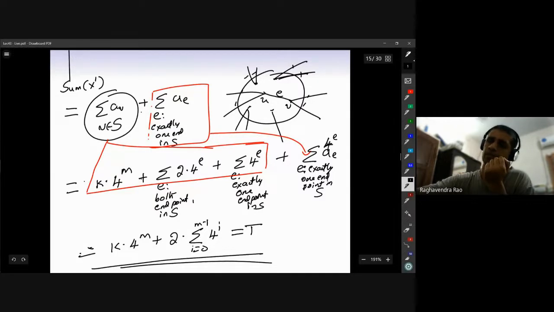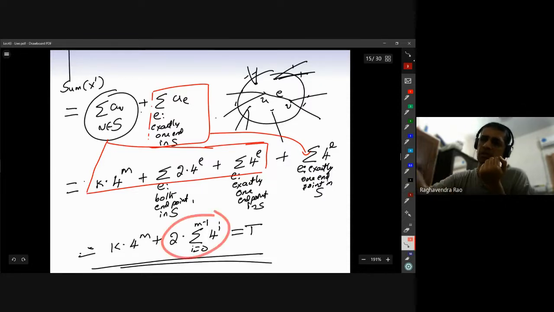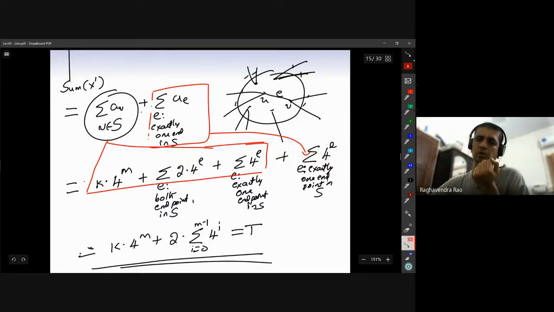Maybe I'll just erase this and make it 4 to the E. So then this adds up to T. Now there are exactly M such edges, and each will occur twice. These edges and these edges are basically the same, the summation over the same set, right? So this is equal to T.